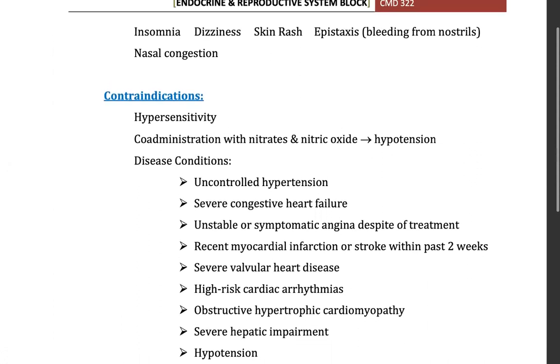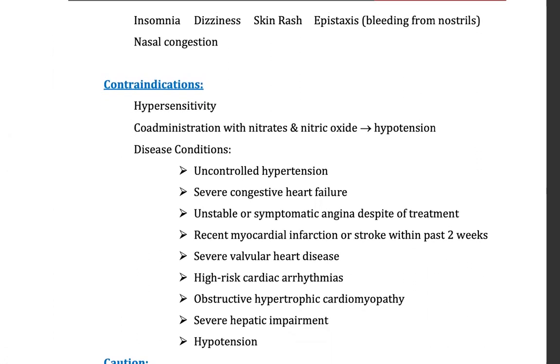Let us see what the contraindications for the use of sildenafil are. If the person has documented hypersensitivity to sildenafil, plus there is a contraindication for co-administration with nitrates and nitric oxide, because nitrates and nitric oxide are responsible for vasodilation, and this may lead to a potentiation effect, which may lead to severe hypotension.